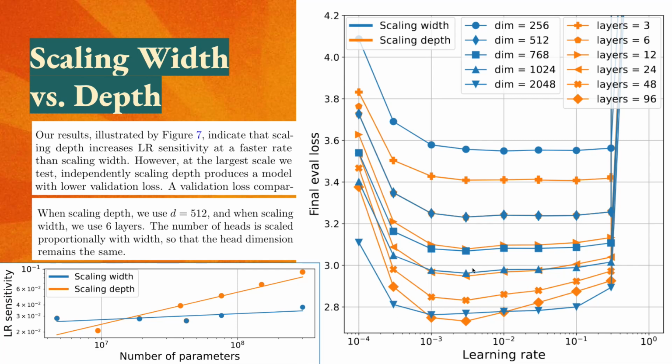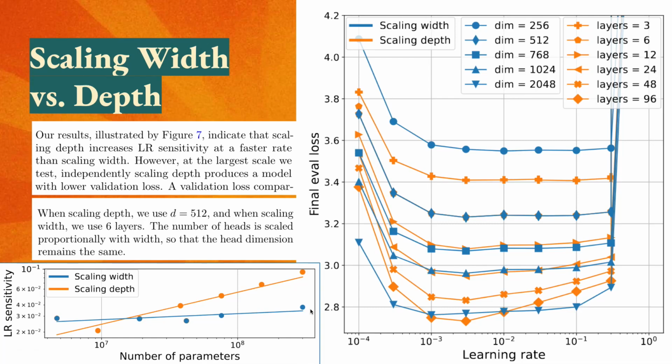As the number of parameters increase, if we're adding more layers, that's going to make our learning rate sensitivity get worse. So our model is not going to train as well in terms of lower final eval loss unless we find the right learning rate. If we're scaling by width, so we're getting a wider model because we have a wider MLP layer because our hidden dimension or intermediate dimension is getting larger, it's still going to increase, but it's going to increase at a slower rate.